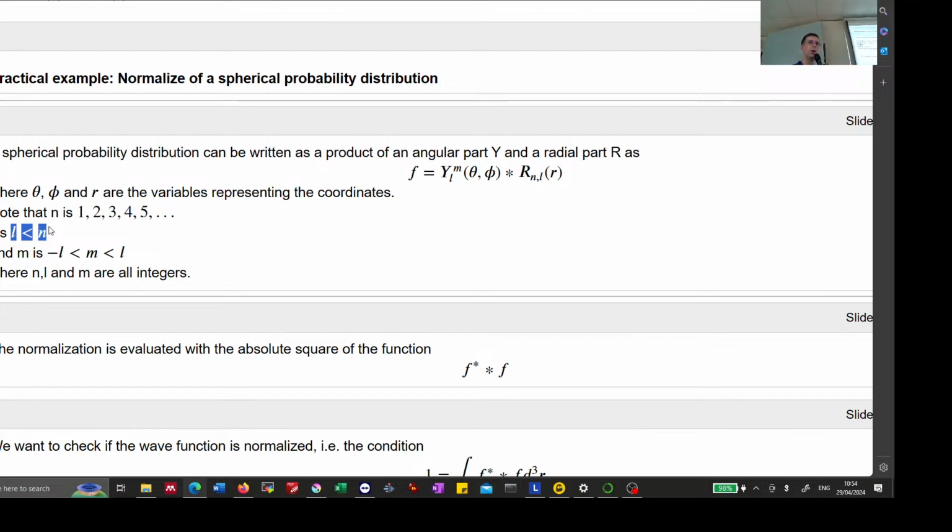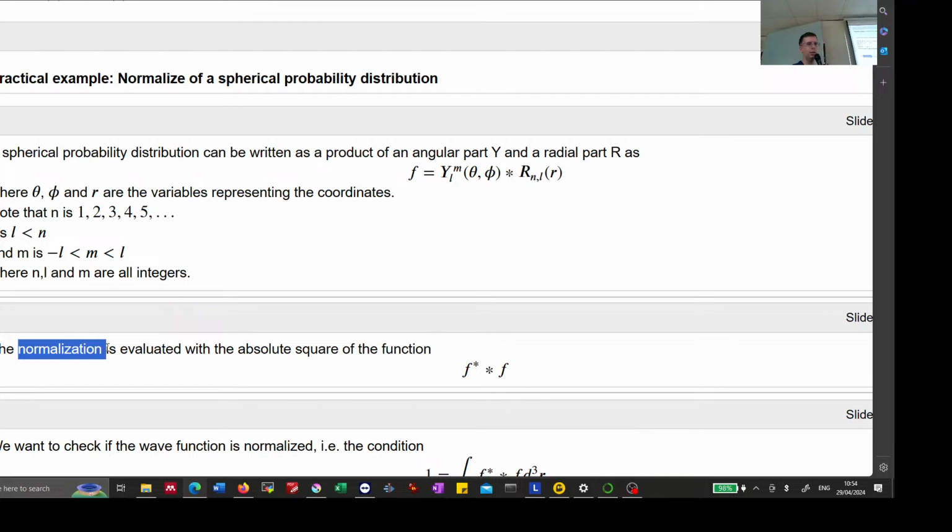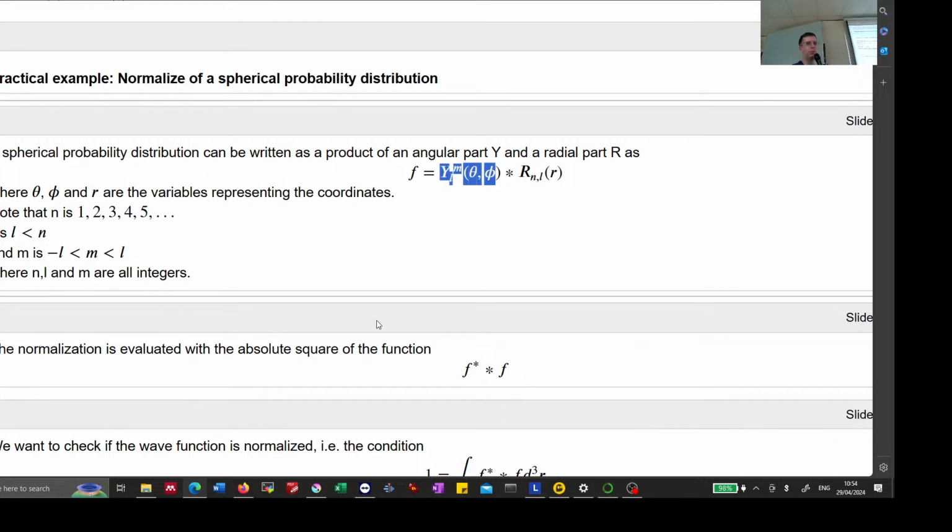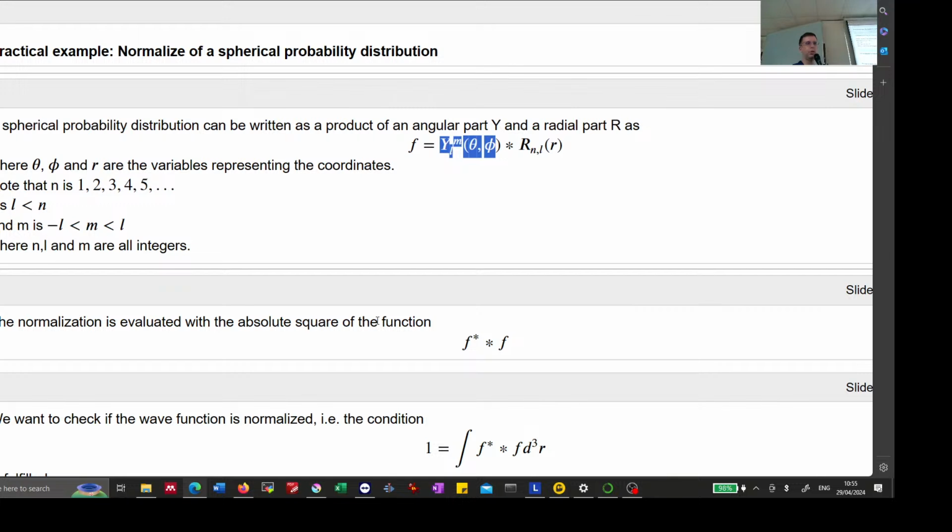Okay. And then people said it's a probability distribution, but we have a complex part in this function. So to get the meaning of probability back, we need to get rid of the complex part.